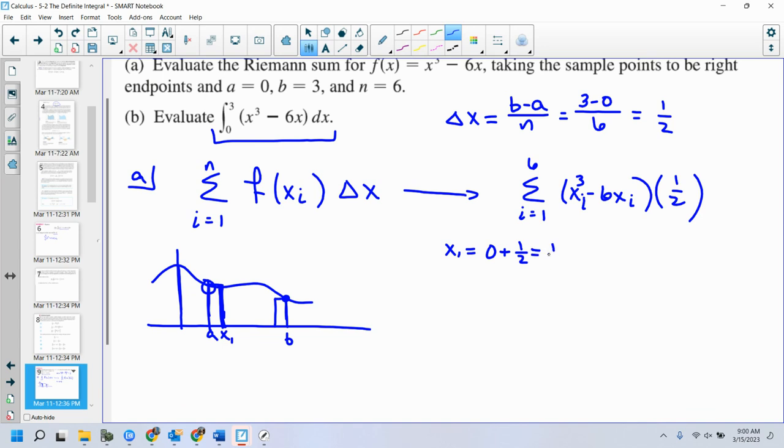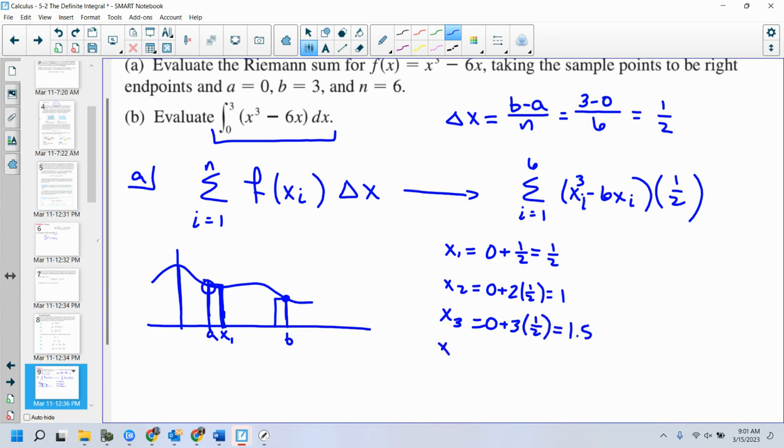Delta x is 1/2. So 1/2. x2 is going to be 0 plus 2 delta x. 2 times 1/2, well, that's just 1. x3 is going to be 0 plus 3 delta x.